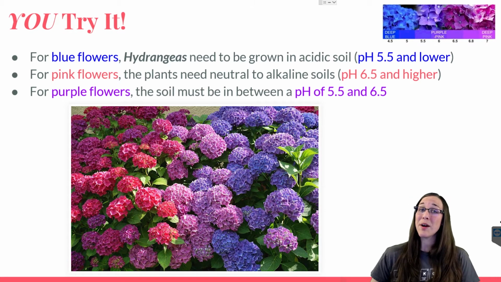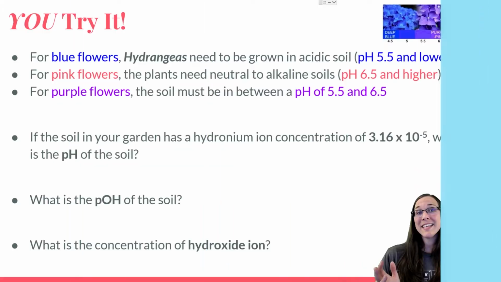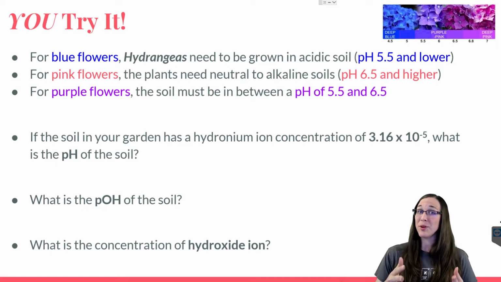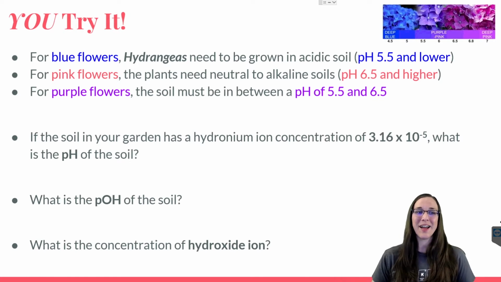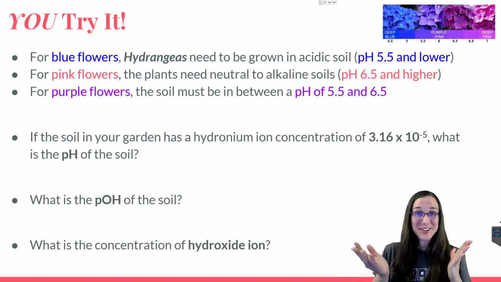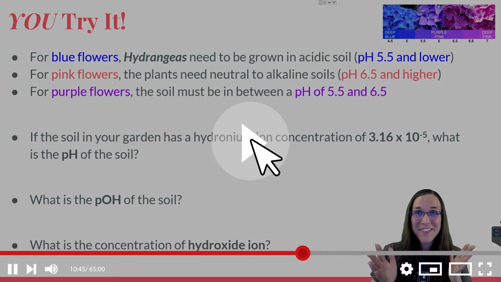And if you really want purple flowers, you're going to plant them in soil that's between pH of 5.5 and 6.5. So let's say the soil in your garden had a hydronium ion concentration of 3.16 times 10 to the negative 5. What would be the pH of that soil? What's the pOH? And what's the hydroxide ion concentration of your soil? Go ahead and figure out what the color of your hydrangea flowers would be in your garden. Ready, go!